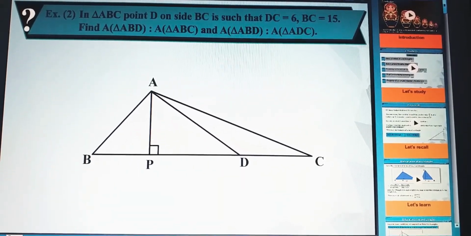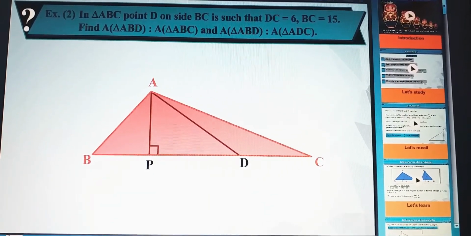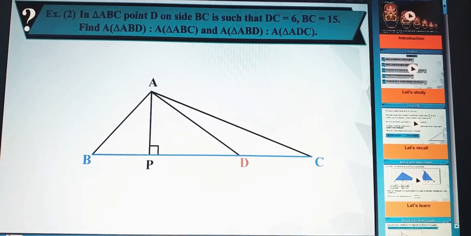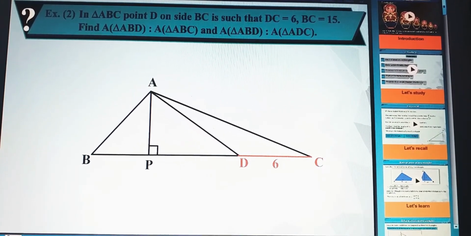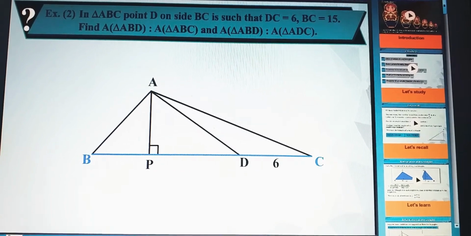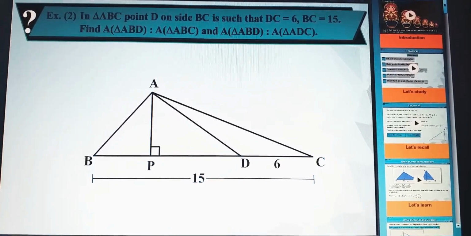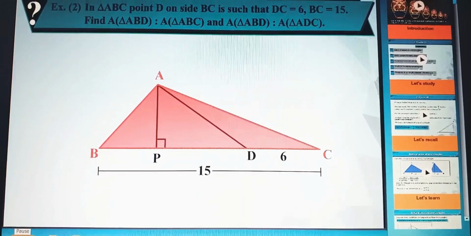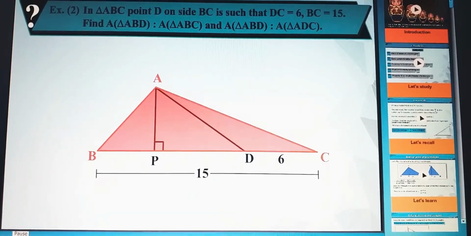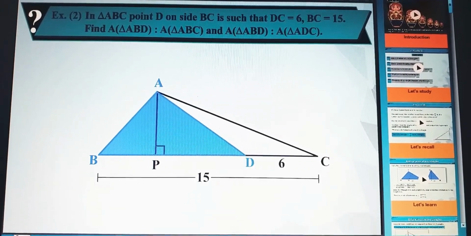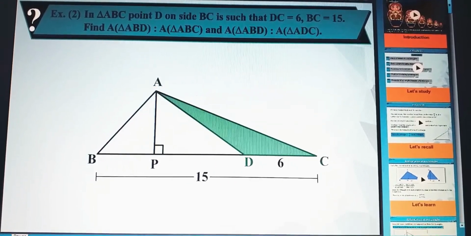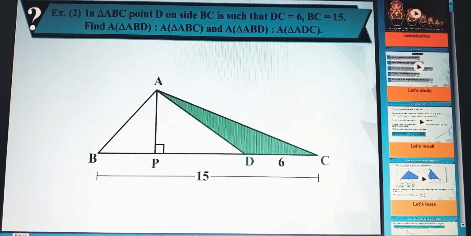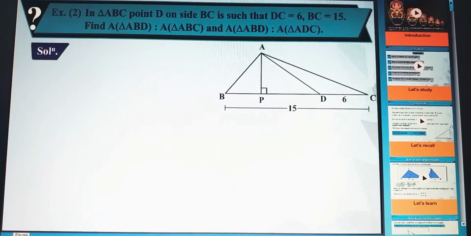Example 2. In triangle ABC, point D on side BC is such that DC is equal to 6, BC is equal to 15. Find area of triangle ABD is to area of triangle ABC and area of triangle ABD is to area of triangle ADC. Solution.